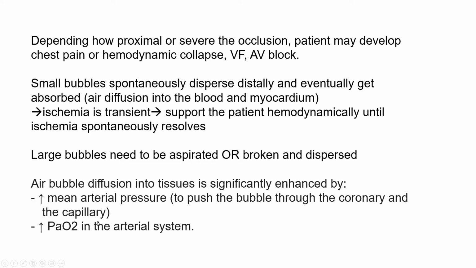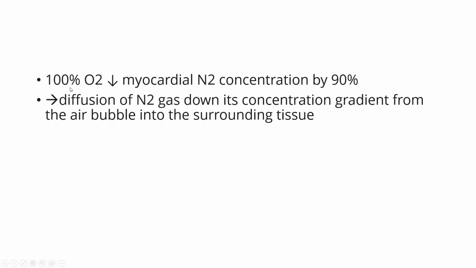Also, the air bubble shrinks by increasing O2 pressure in the myocardial tissue. When you give 100% O2, this will decrease the myocardial nitrogen concentration by 90% within a few minutes. Therefore, the nitrogen that is in that air bubble will diffuse down its concentration gradient from the bubble into the myocardium that now has less nitrogen.